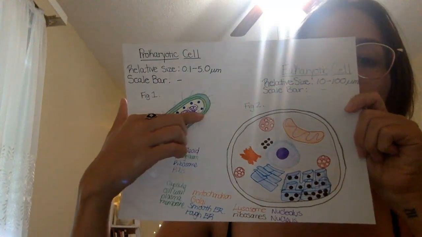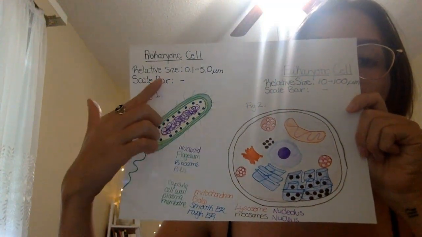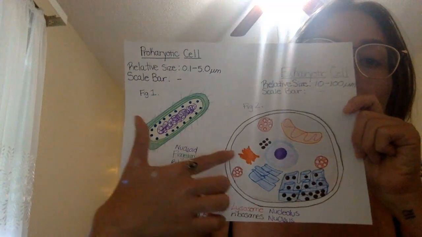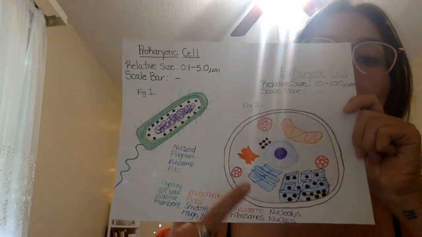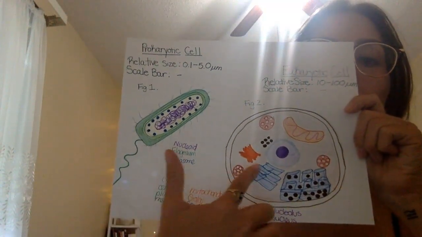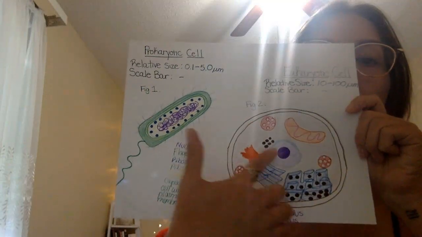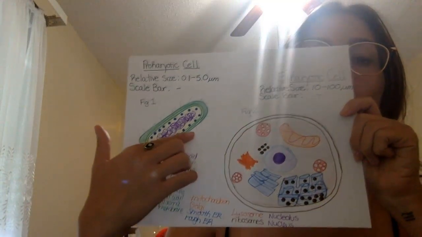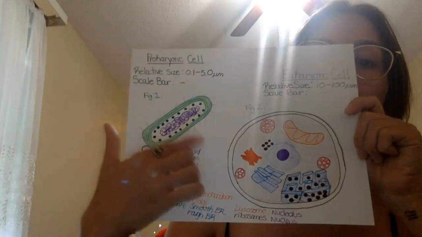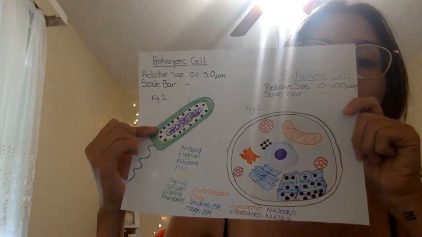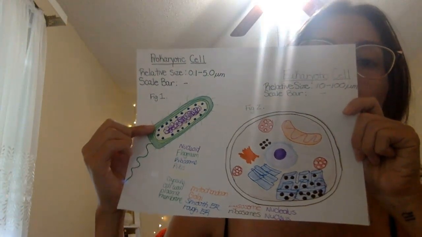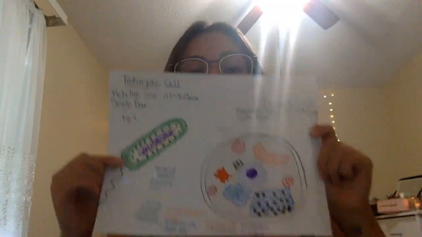Obviously the main difference is that your prokaryotic cell is a lot smaller than your eukaryotic cell. And looking at our nucleus here, there is not one listed in your prokaryotic cell, and it's just floating there in the cytoplasm. So that's just a brief thing to show that illustration.